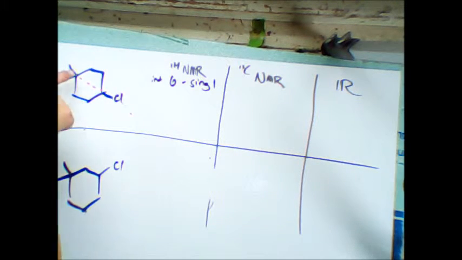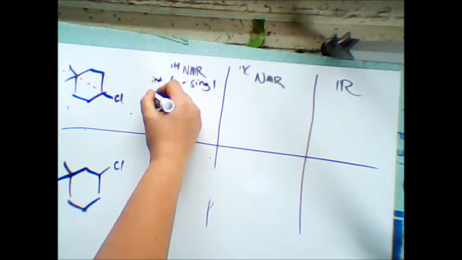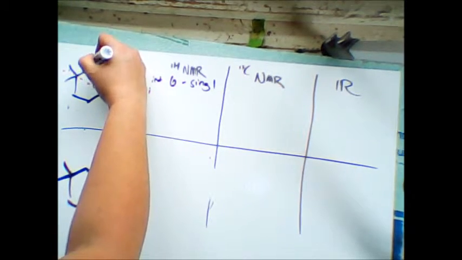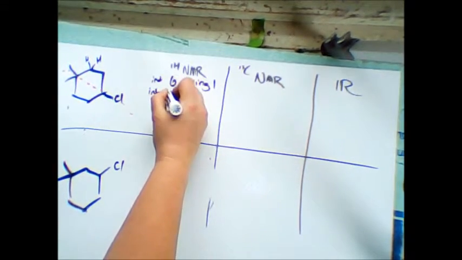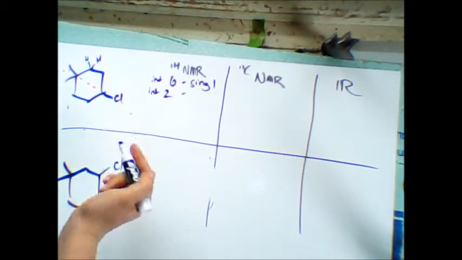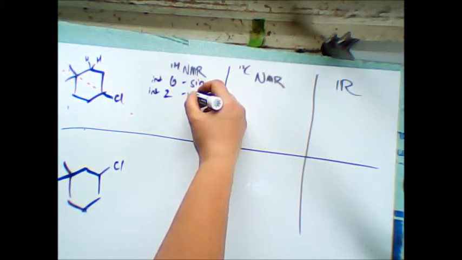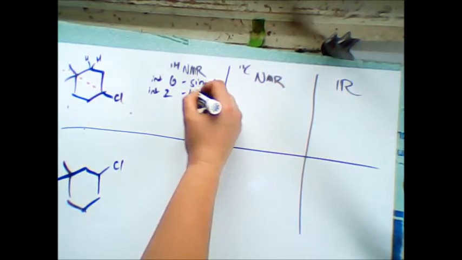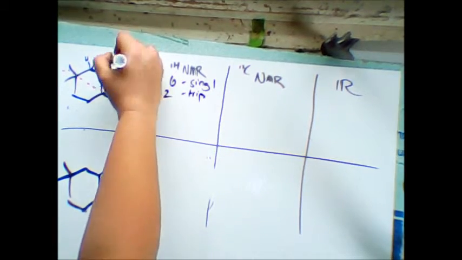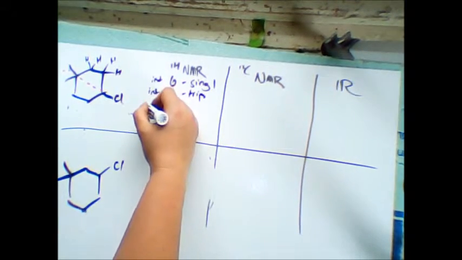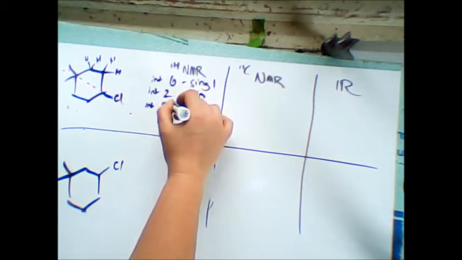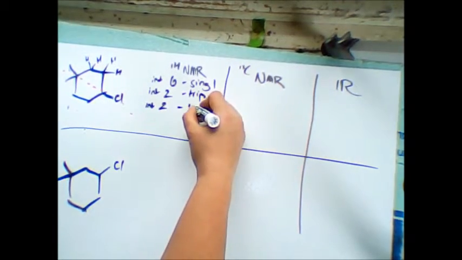And next over, we've got 2 hydrogens here that are going to be triplets, because they're only talking to these 2 hydrogens here. And then we've got another 2 hydrogens, which are also going to be a triplet.